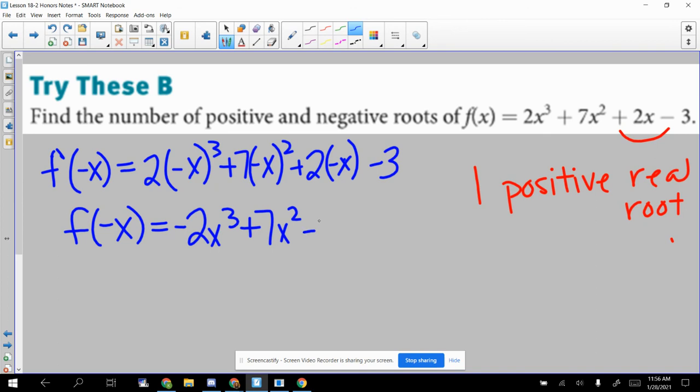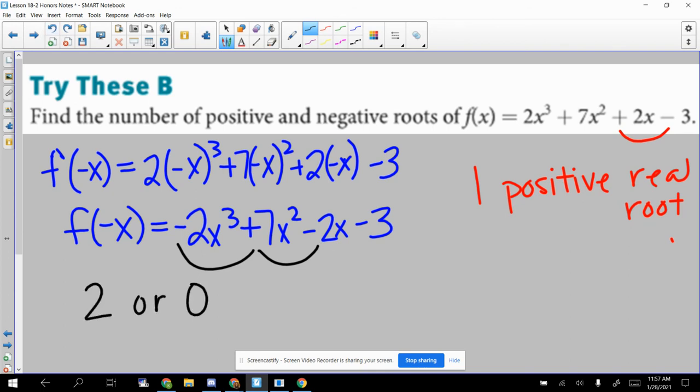Negative x times 2 is negative 2x, and then negative 3. So again, we're counting our sign changes. We have 1 here. Then we have another 1 here. Okay. So, and then we don't have 1 here. It's negative to a negative. Okay, so this would be 2 or 0 negative real roots.